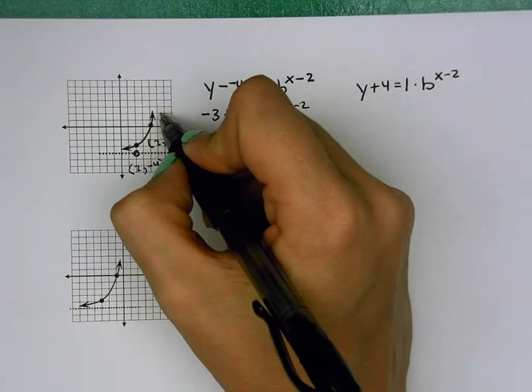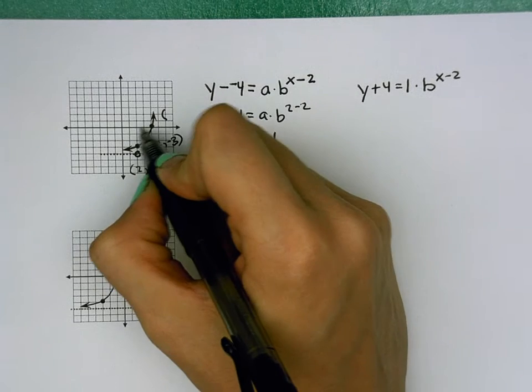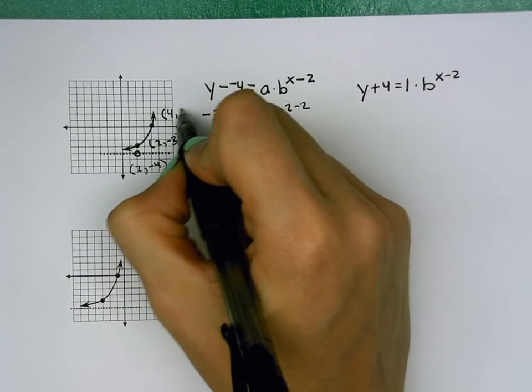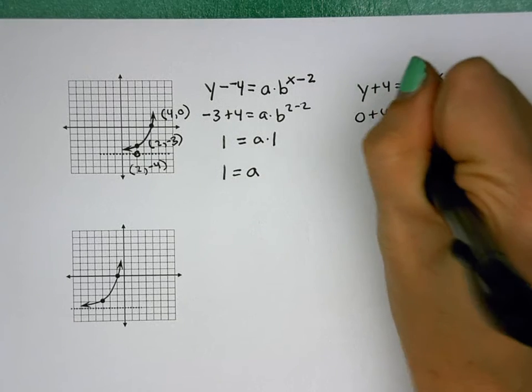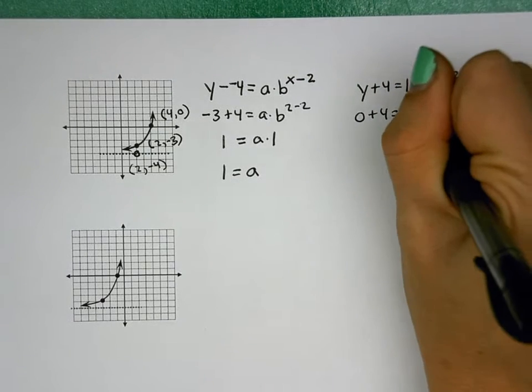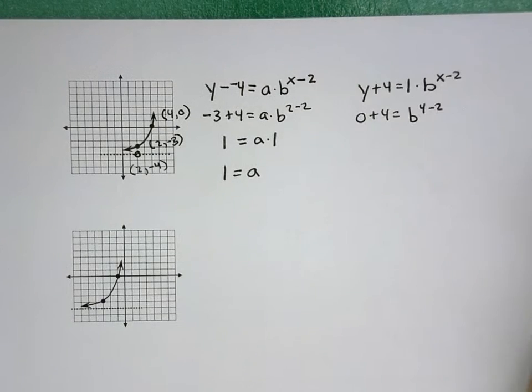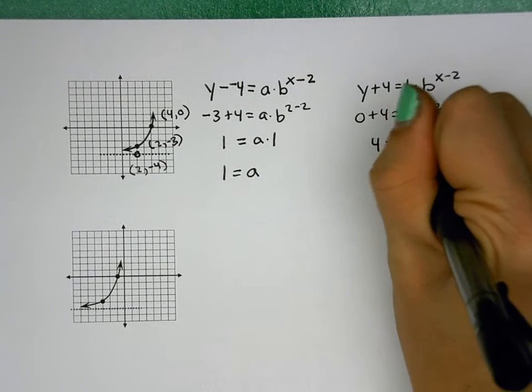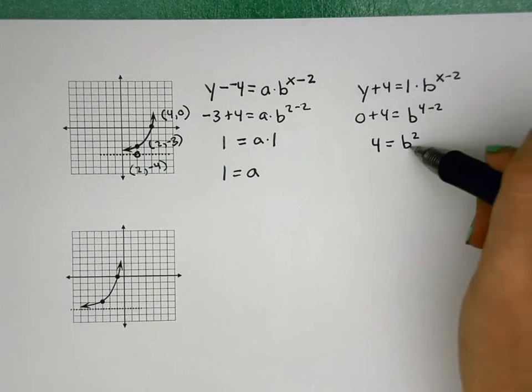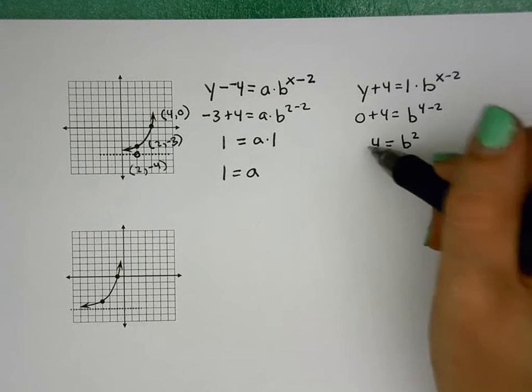Okay? Here's where my other point comes in. My other point is over here at x equals 1, 2, 3, 4, y equals 0. So we have 0 plus 4 equals b to the 4 minus 2, which means 4 equals b squared. So we're asking ourselves, well, what squared gives me 4?